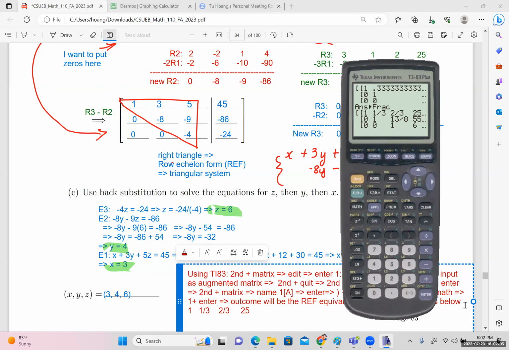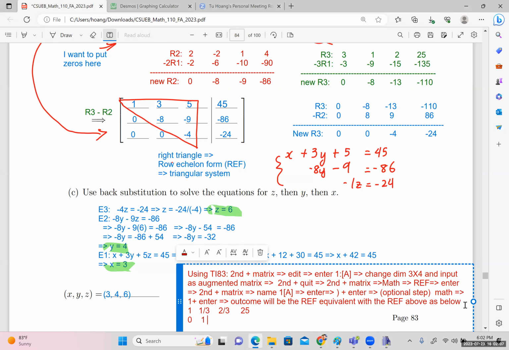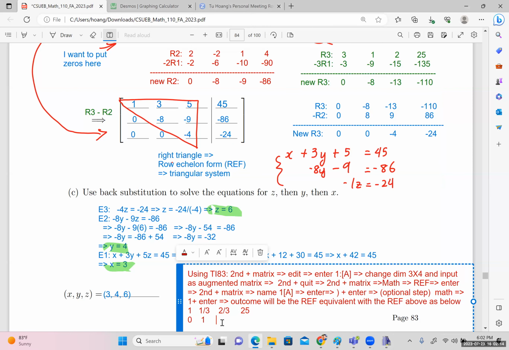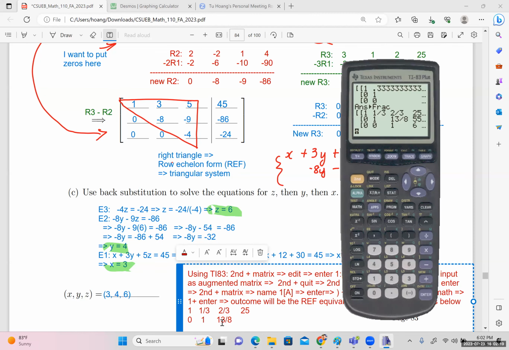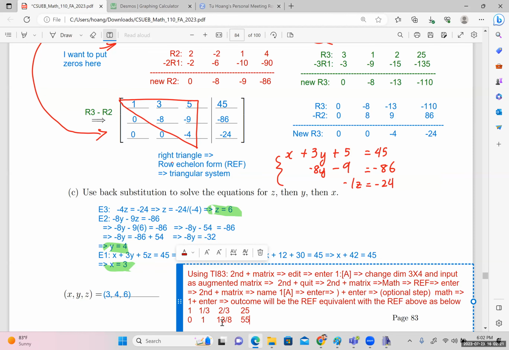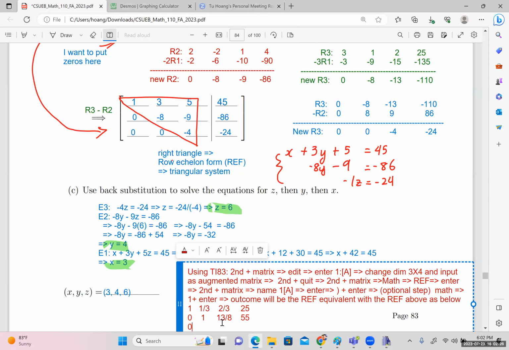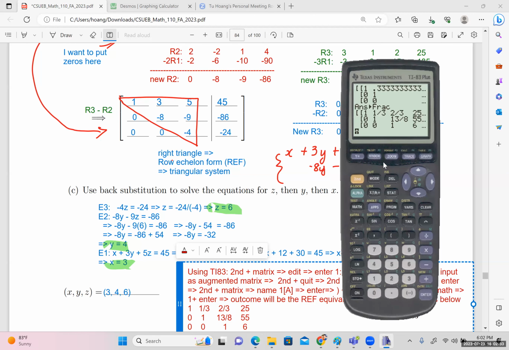We have 0, 1, 13/8, 55. And 0, 0, 1, 6. Okay, let me check to make sure it is correct.